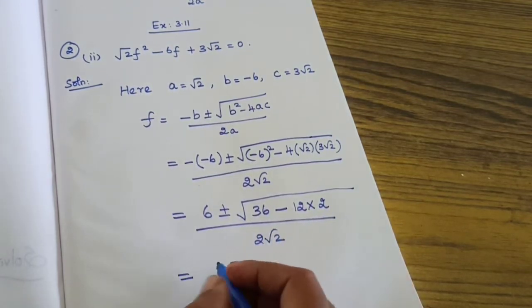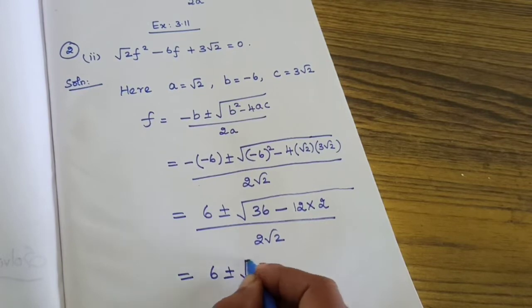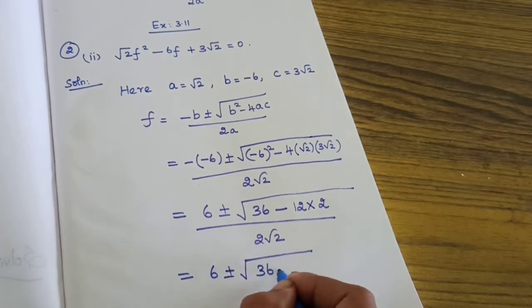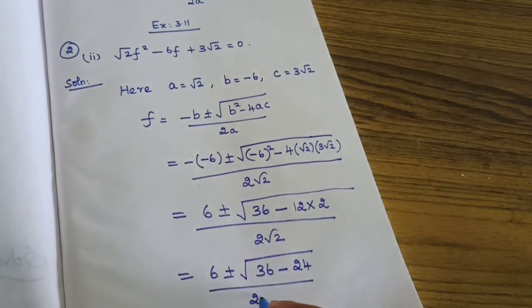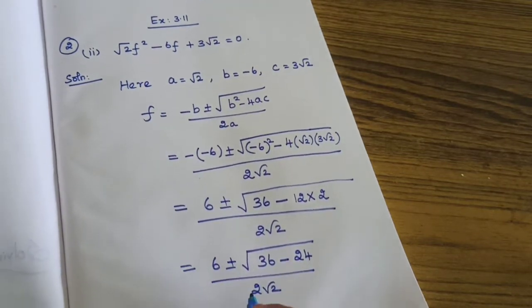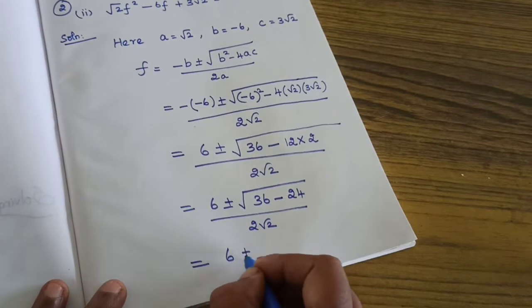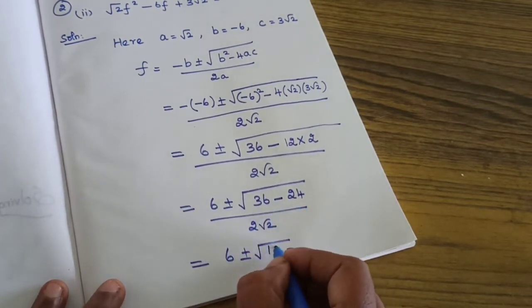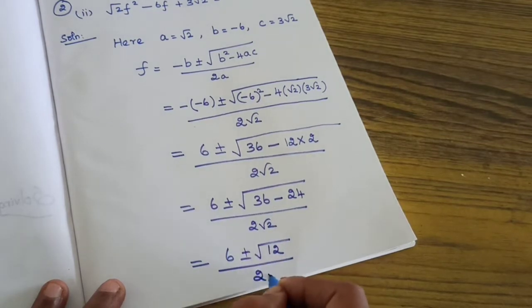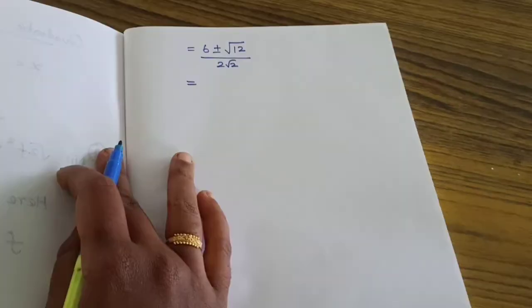Which is equal to 6 plus or minus square root of 36 minus 12 2s are 24, by 2 root 2, which is equal to 6 plus or minus square root of 36 minus 24, that is 12. Correct? By 2 root 2.